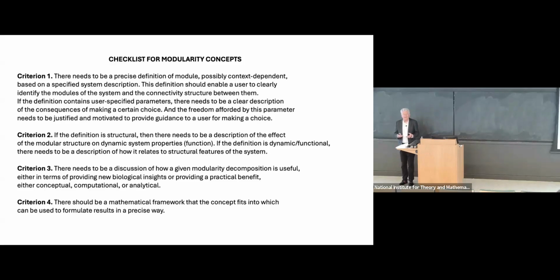We need to represent it as dynamic, as a dynamical system. And so that means you choose your favorite dynamic type of model. Could be differential equations, could be Boolean networks, could be agent-based models, could be stochastic processes, could be Petri nets, whatever works best in your particular context.